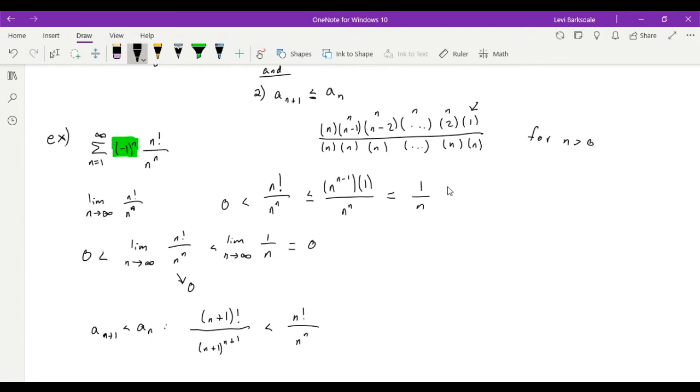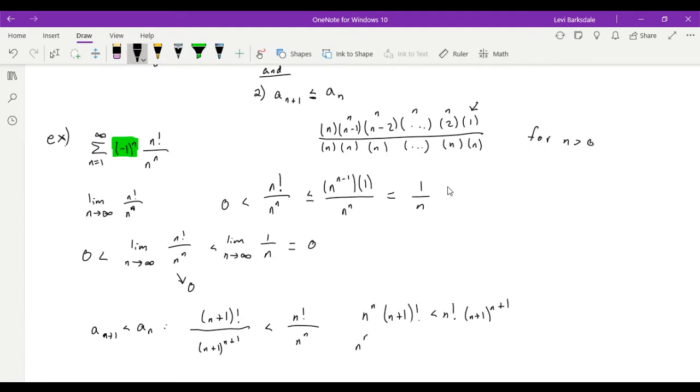Well, if I cross multiplied, then I would get n to the nth times n plus 1 factorial is smaller than n factorial times n plus 1 to the n plus 1. Now I can simplify like so.